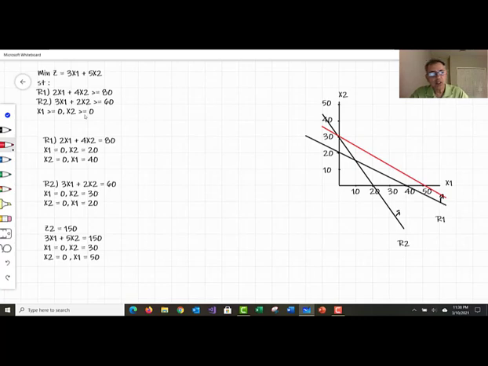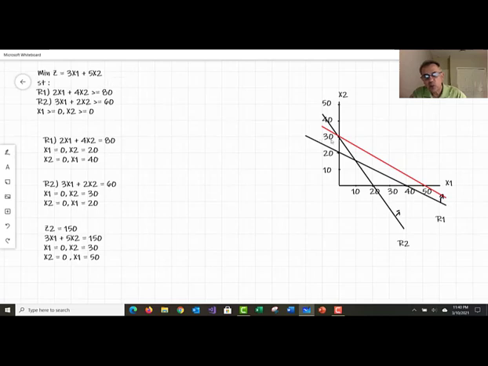Notice in this case, I want to minimize the objective line. Notice that if I select any point on this line, I get a z value, and that point will be feasible. For example, if I take this point, which is x1 equal to 0 and x2 equal to 30, that satisfies both of these constraints, and that would give me a z value of 150.